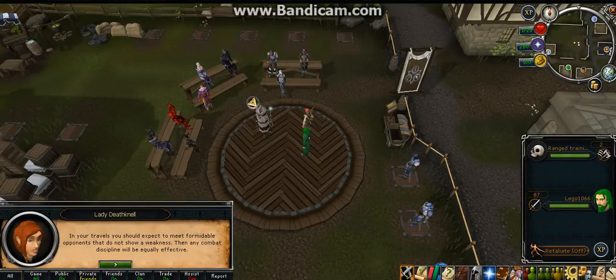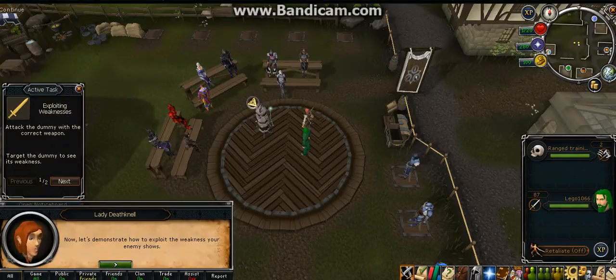In your travels, you should expect to meet formidable opponents that do not show a weakness. Then, any combat discipline will be equally effective. Now, let's demonstrate how to exploit the weakness your enemy shows.